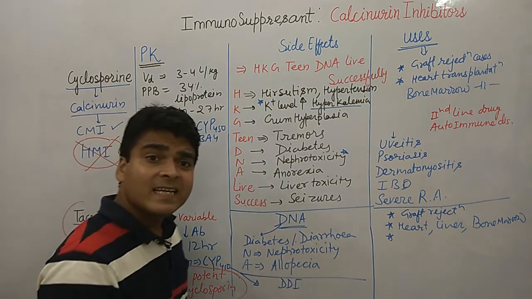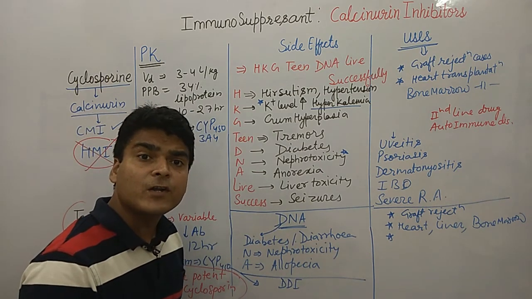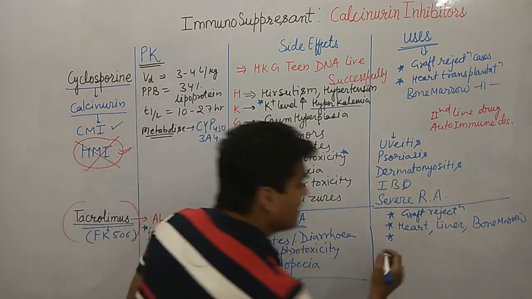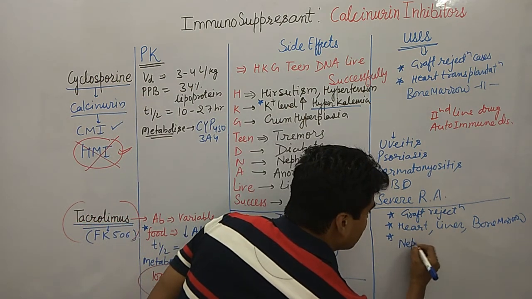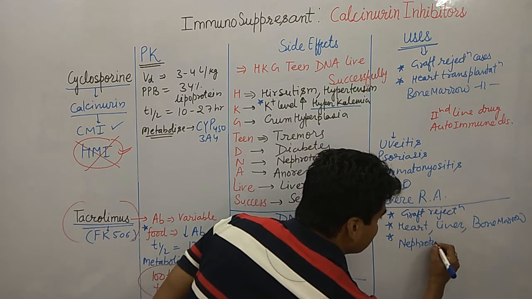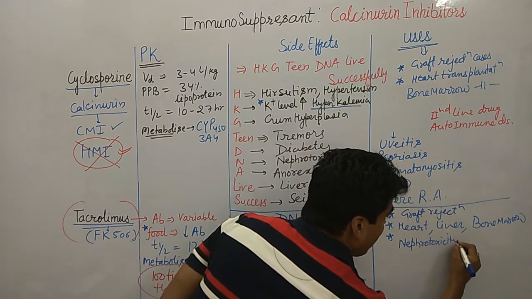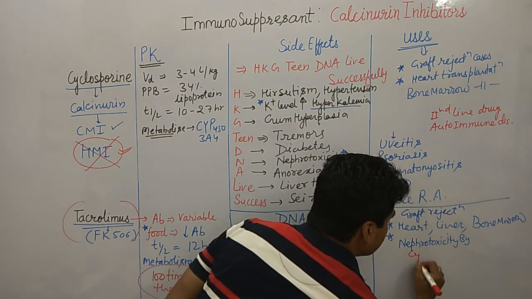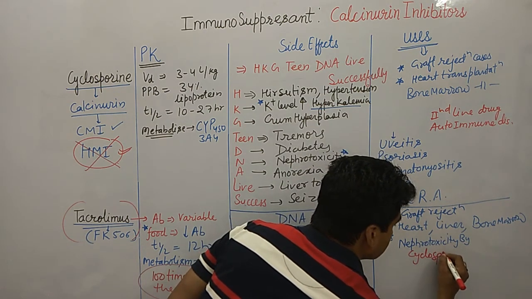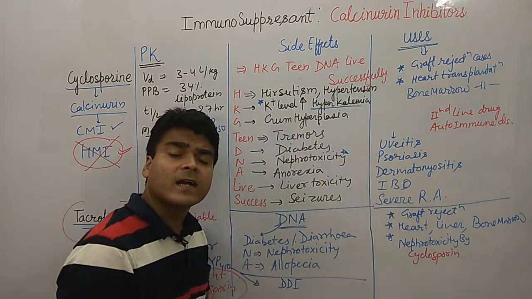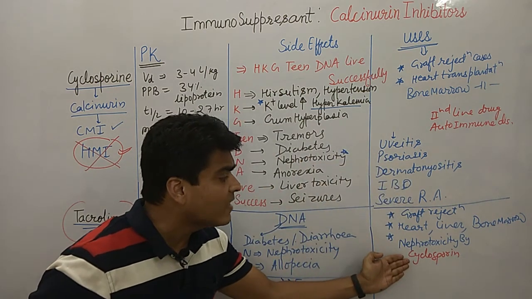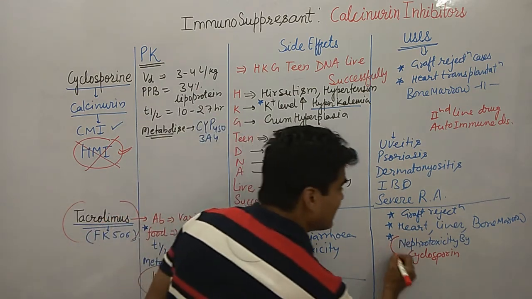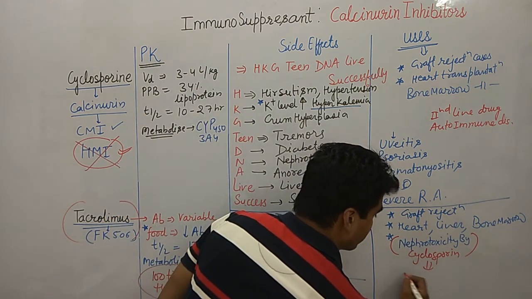And in cases of nephrotoxicity by cyclosporin, the patients who are not able to tolerate cyclosporin due to nephrotoxicity, in such cases tacrolimus can be used.